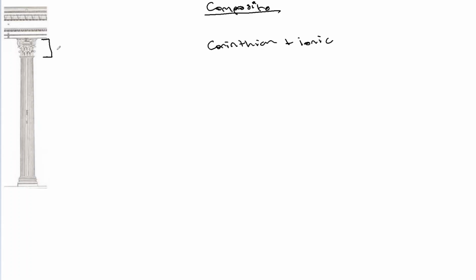Now here we can see the capital is very similar to the Corinthian order. Here the volutes are bigger, while in the Corinthian they were much smaller. Here we can see our acanthus leaves. Our shaft is also very slender.